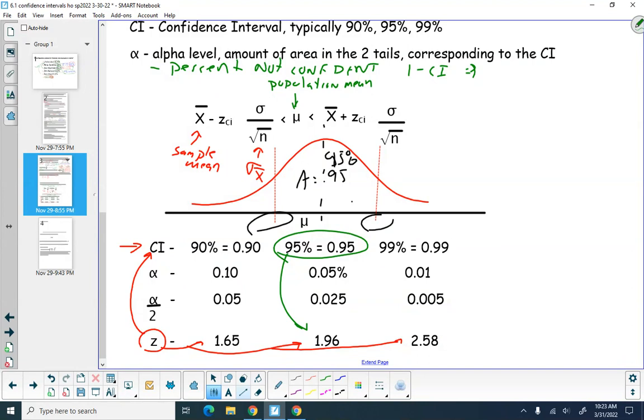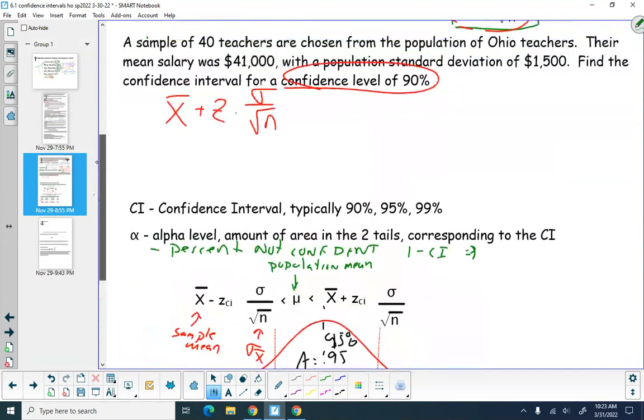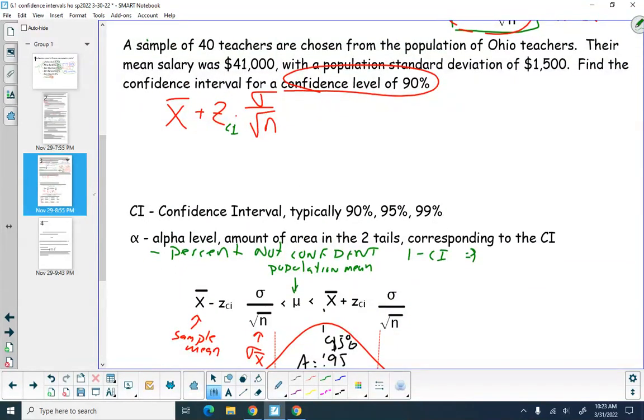Let's go up to the previous problem that we had. We want to find a 95% confidence interval. I'm taking a sample size of 40. I have a sample of 40 teachers, so my N is 40. Their mean salary is $41,000.